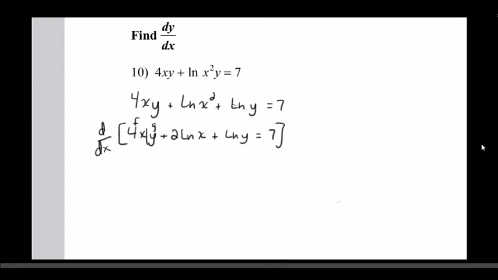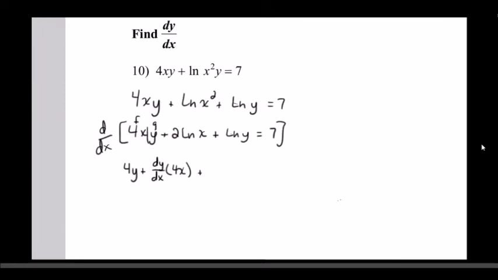So f prime is 4, then times g, plus g prime. The derivative of y with respect to x is dy dx. So there's g prime times f. So these two pieces here are the derivative of that first part, 4xy.